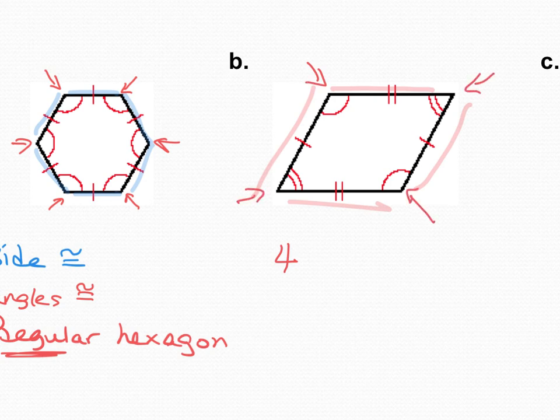So this would just be a quadrilateral. It's not regular, and it's not equilateral, and it's not equiangular. It's just a quadrilateral. We're going to learn coming up that this is actually a parallelogram. And let's look at figure C.